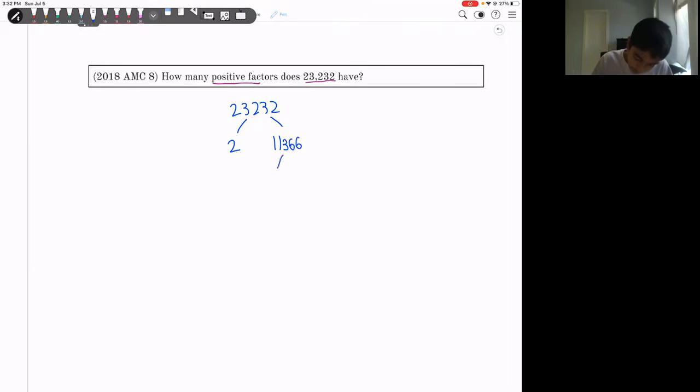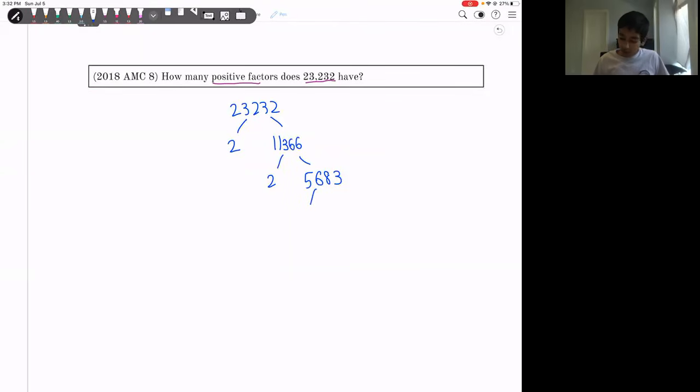A quick way to do this is to split the number up: 11,000 divided by 2 is 5,500, and 366 divided by 2 is 183. And we divide by another 2.